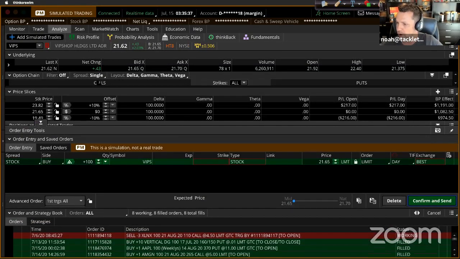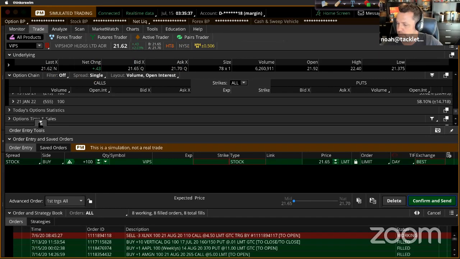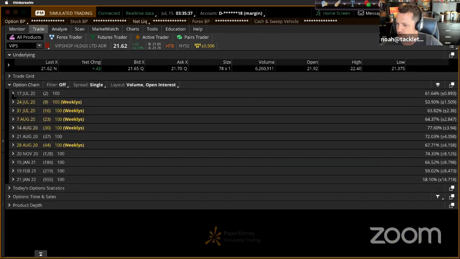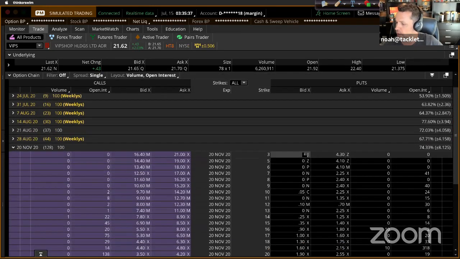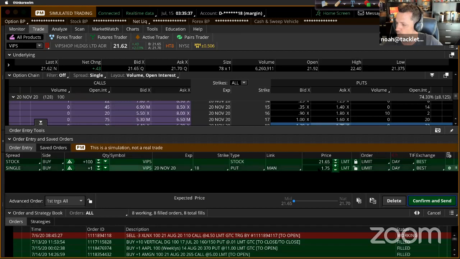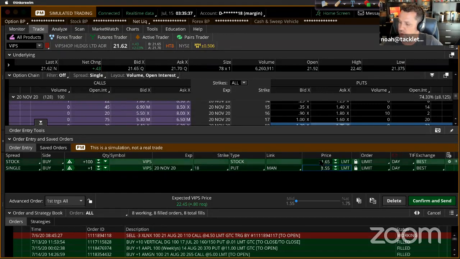We could pick up that policy here, going clear out to November. You could buy that $18 policy for $1.55, $155. And your deductible would be between $21.65 and $18, so you'd have a $365 deductible.